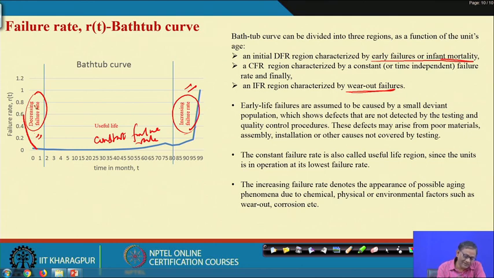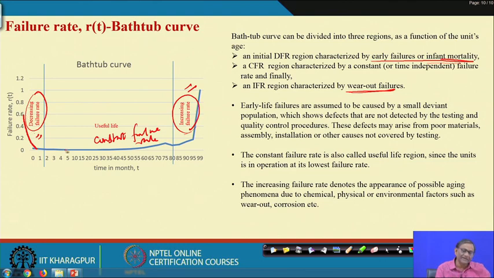Initially, when the product is under operation, because of infant related problems, I can tell you some kind of test problem, some kind of quality check problem, the product will face more failures initially, and then slowly those quality problems will be checked and finally rectified.